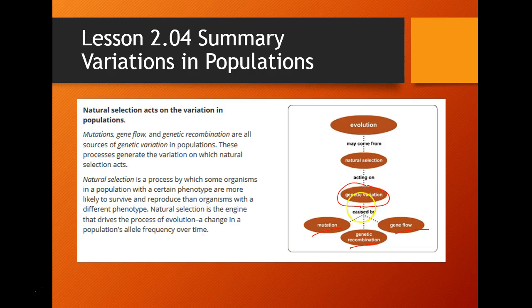Natural selection hinges on that genetic variation. It acts on that genetic variation so that evolution can occur.